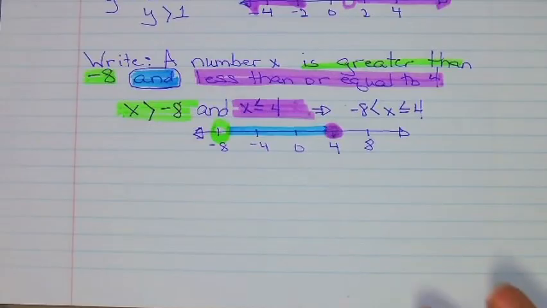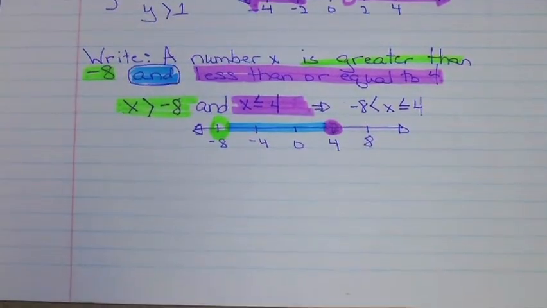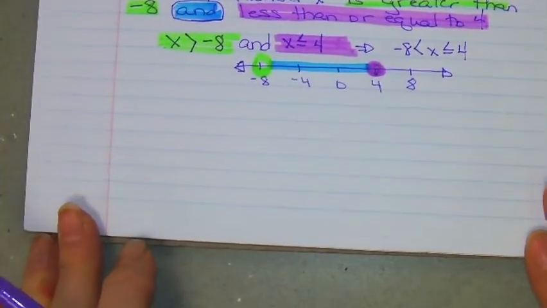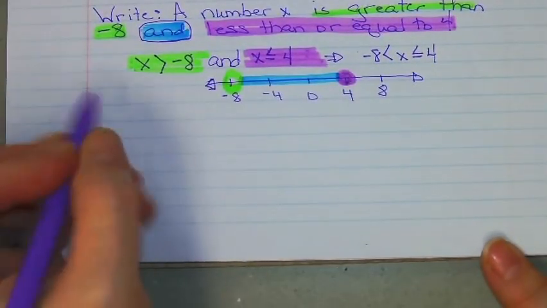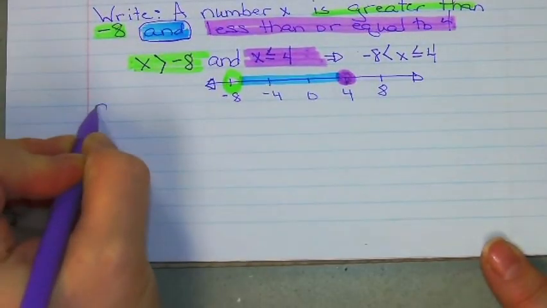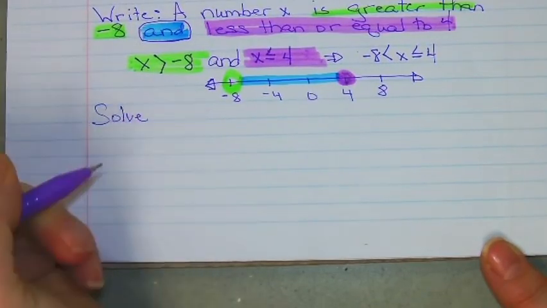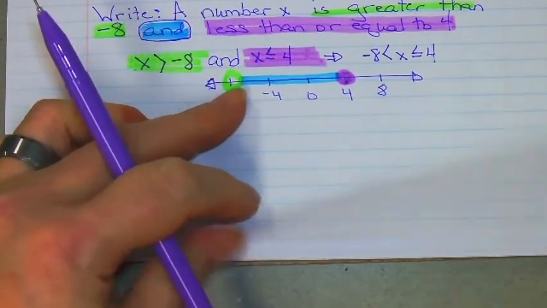I'm going to let you sit with that one for a second. Okay. Now we have one more example because we got to do some solving. Solve. Actually, you know what? I'm going to turn my page just because I want a little more room to write this.